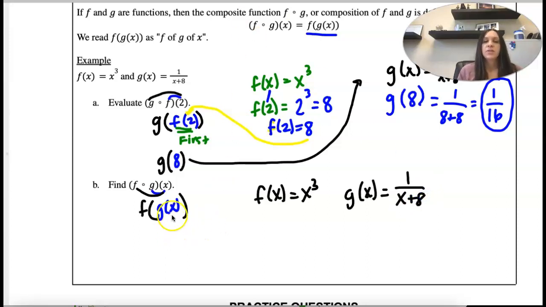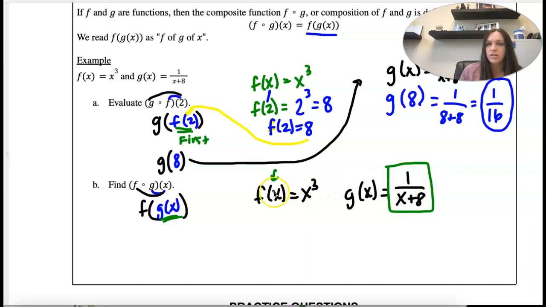Alright, so I have g of x inside f. Okay, so I'm going to take all of g of x, my whole function, and I'm going to replace x with the whole function. So this x and this x, this whole thing is going where that x is.